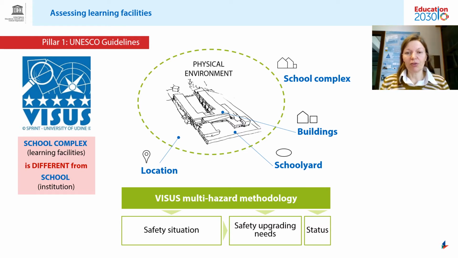For each of the learning facilities previously mentioned, VISUS assesses the safety situation, then the safety upgrading needs, and the status, that means the conditions of these learning facilities. This information is also provided as an overall estimate for the school complex. So an overall judgment is provided for the school complex and a detailed judgment is provided for each facility. That means for each building and for the schoolyard.